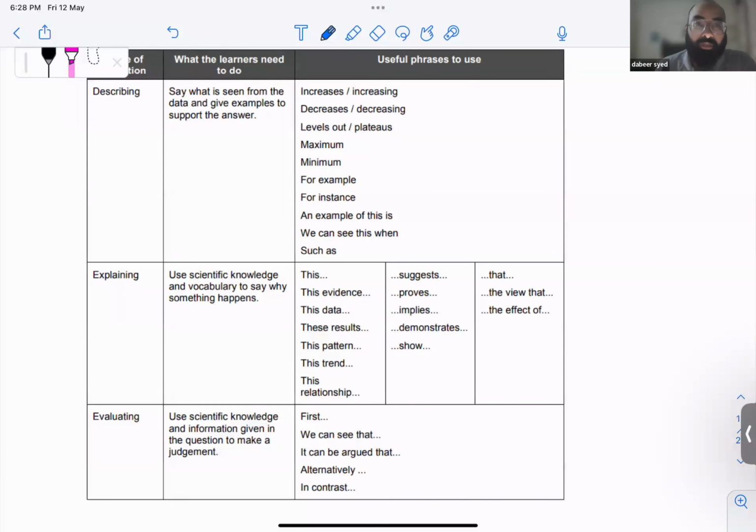Or for example, you could be given a situation where some sort of experiment is set up. A very common question is that there is a heater used to warm water, and there is a thermometer inside the water. Now they'd say, even after the heater has been switched off, describe what you observe on the thermometer.